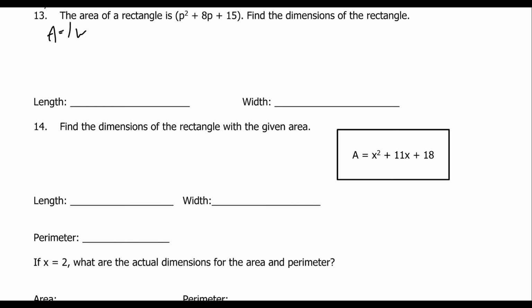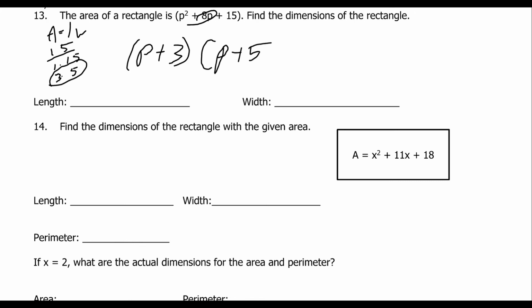So if we think about it, that's going to be 15, that's 1 and 15, 3 and 5. We were trying to hit 8. 3 and 5 will get us 8. So we go p plus 3, p plus 5.